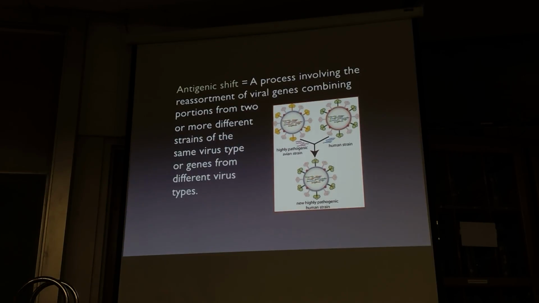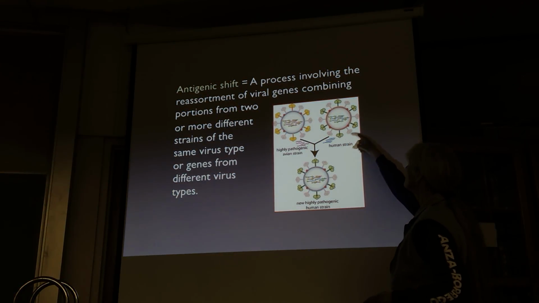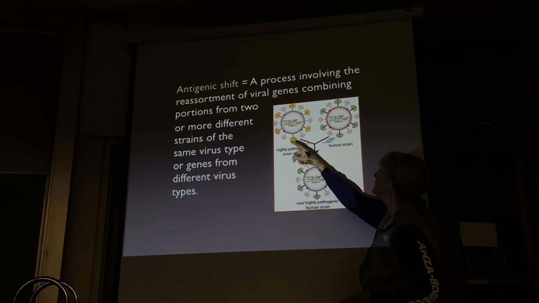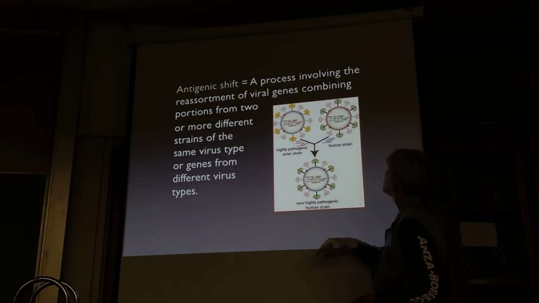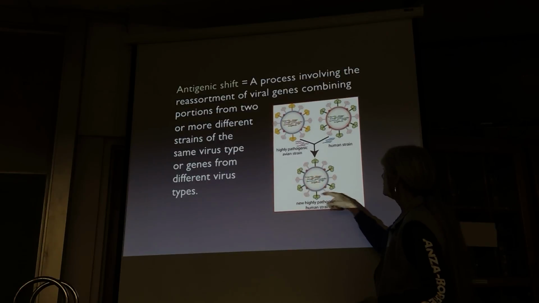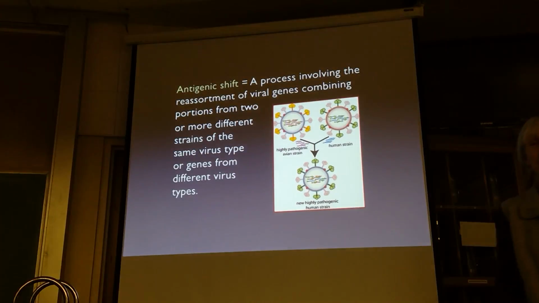So this is showing what can happen where you have a human strain of influenza and a highly pathogenic avian strain, and what's happening is these highly pathogenic proteins from the avian strain get mixed with the human strain, and you end up with a virus that is a highly pathogenic human strain.